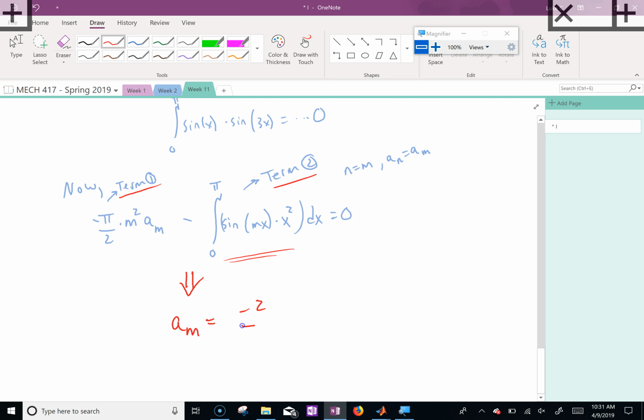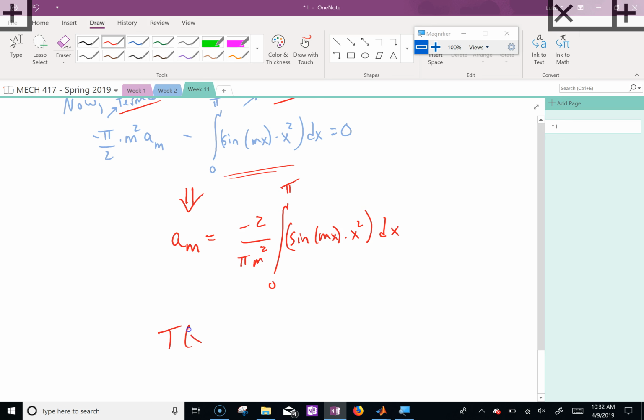You get negative 2 over pi m squared, integrate from 0 to pi, sine of mx times x squared dx. Then the solution is the summation, we can do m, of this.